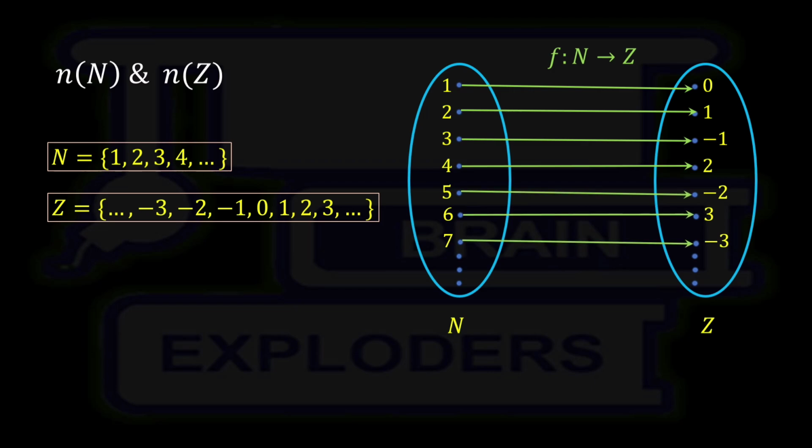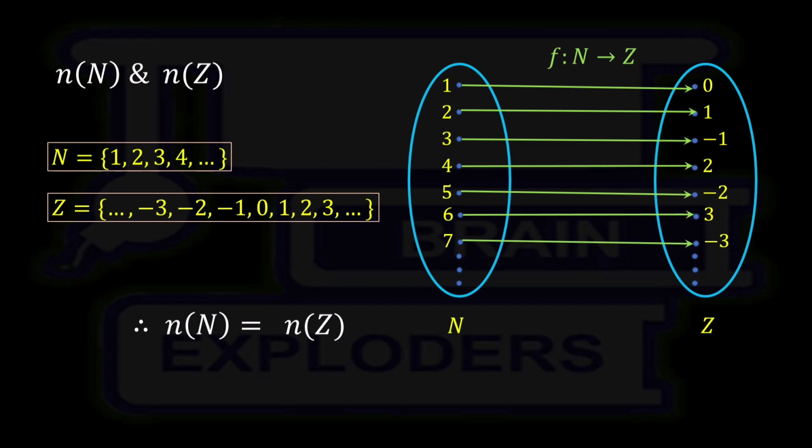Here also you can see that every element in Z has a pre-image, and no two natural numbers have the same image, right? So the function is 1 1 onto, and that's why the cardinality of natural numbers is also equal to the cardinality of integers. That means that on the number line there are exactly the same number of integers as natural numbers, right? So this seems something interesting.